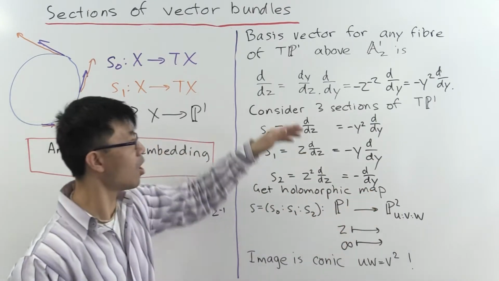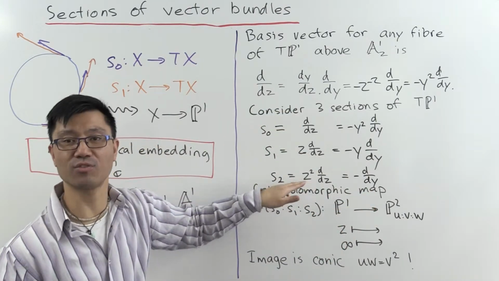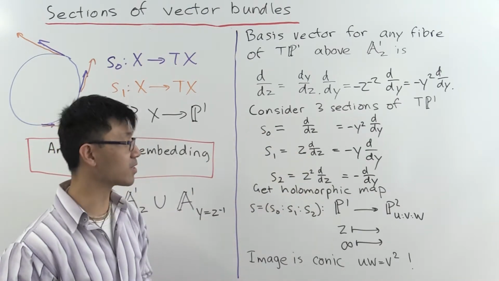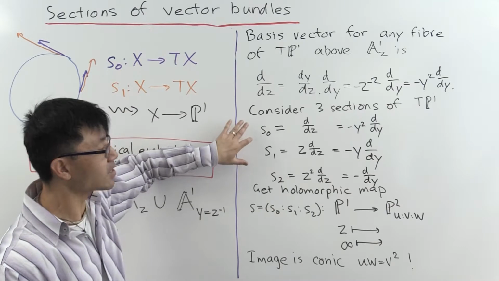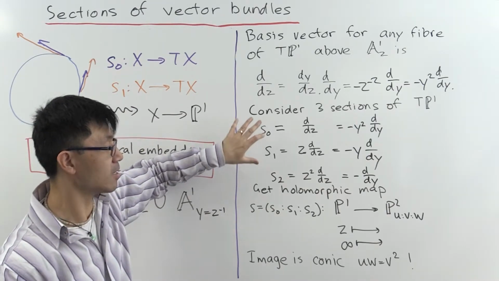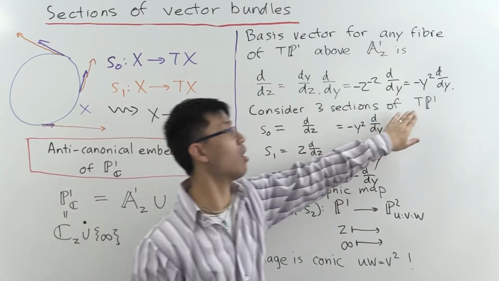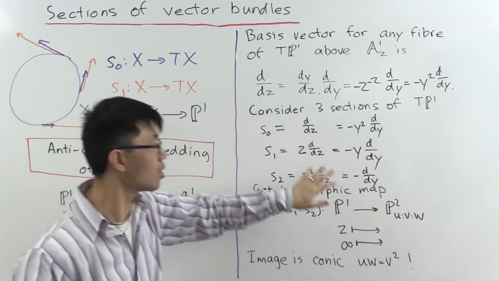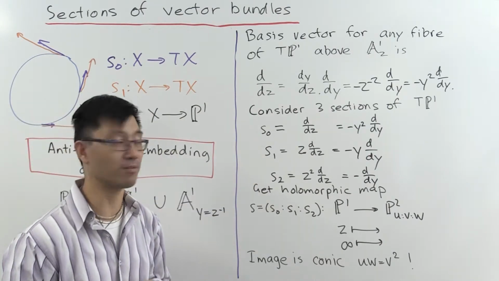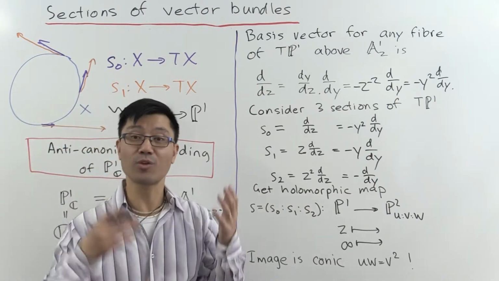So it turns out that when you get to here, you actually have to stop, if you try to use this trick to create more holomorphic sections. And in fact, it turns out that these 3 holomorphic sections span the space of all global sections of this line bundle. So the only other way you can get other sections is to take linear combinations of these. Okay, so we've got 3 sections.